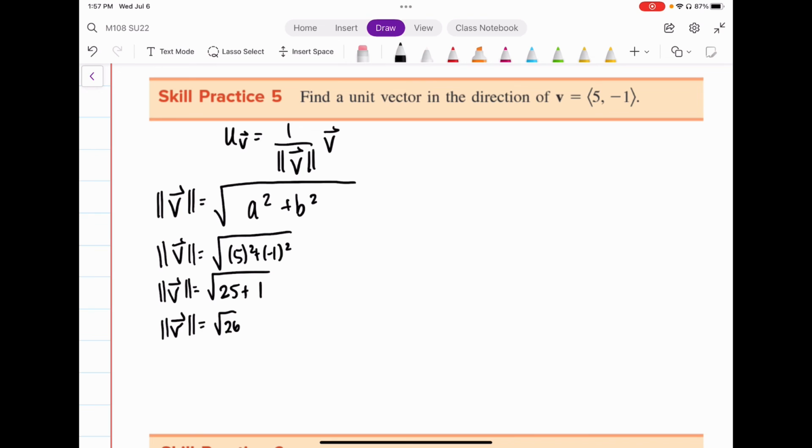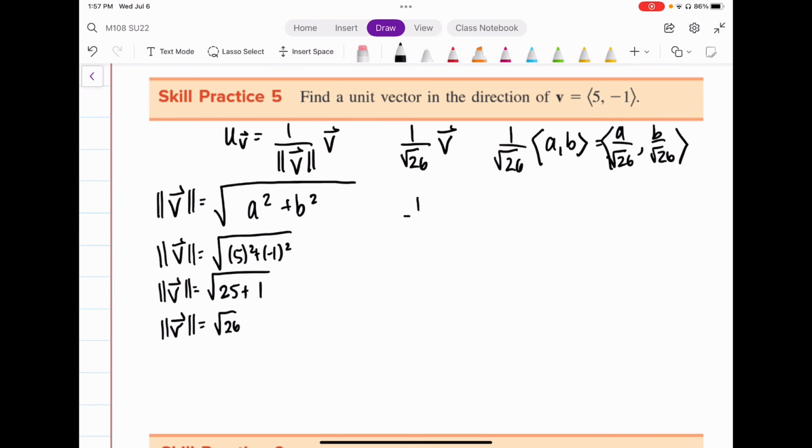And then the unit vector, which is right now 1 over the square root of 26 times vector v, or 1 over the square root of 26 times a, b, which looks like scalar multiplication, which we can write as a over the square root of 26, b over the square root of 26.